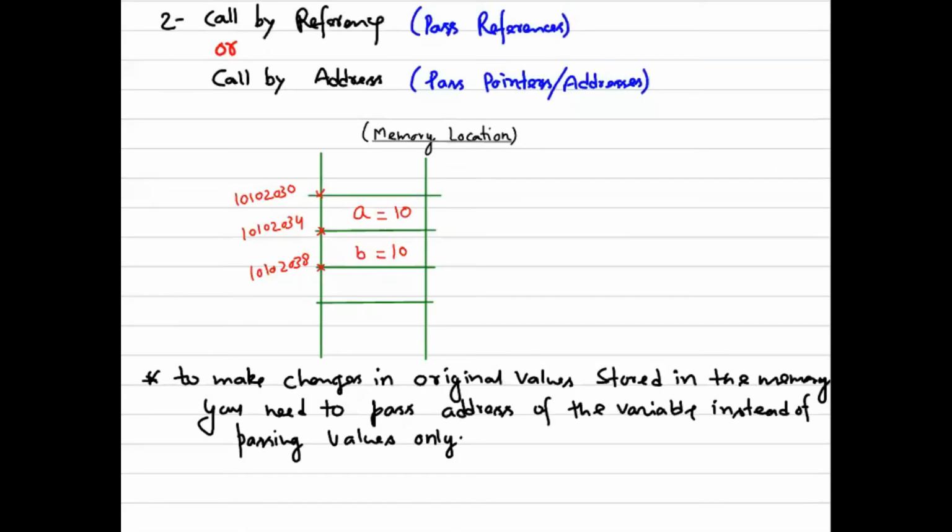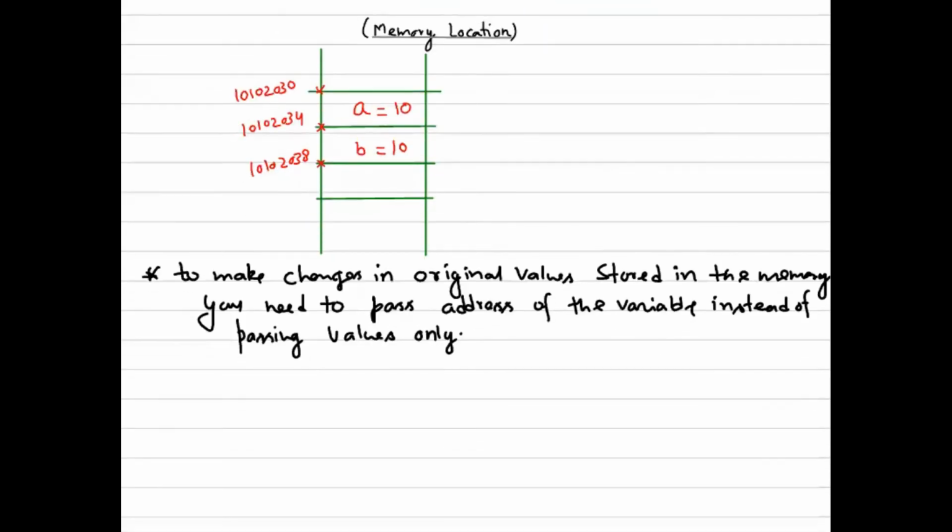Before writing the code, let's look at the basic definition first. To make changes in the original values stored in the memory location, you need to pass the address of the variable instead of passing values only.